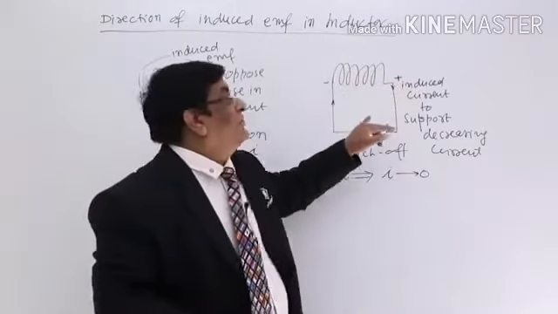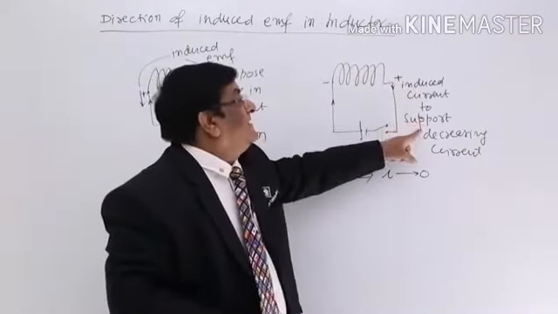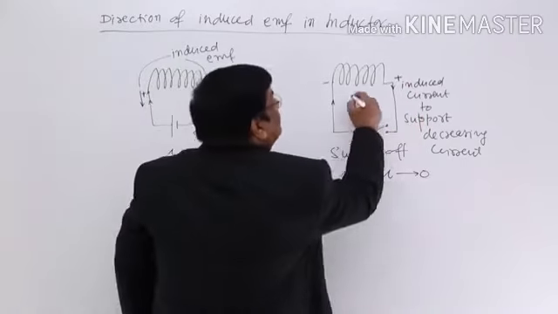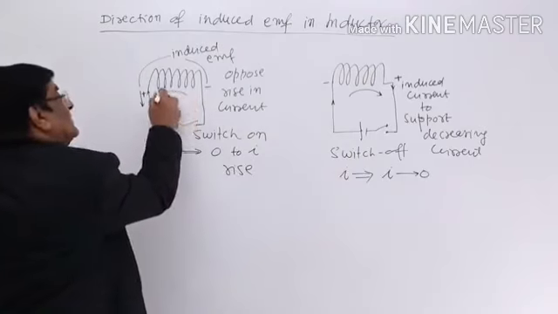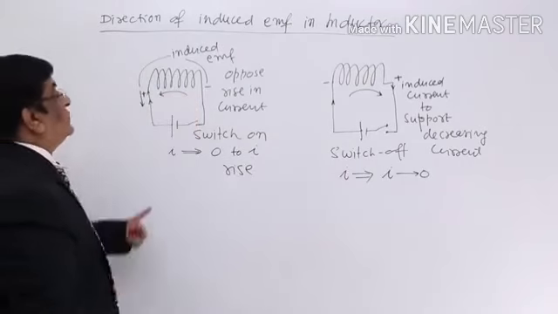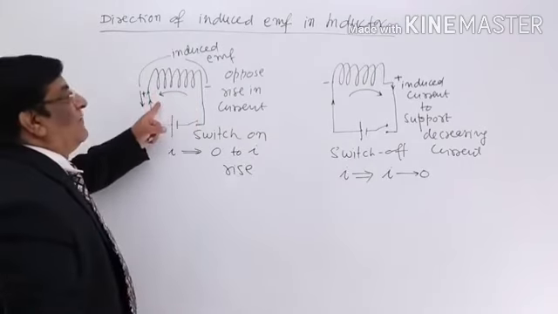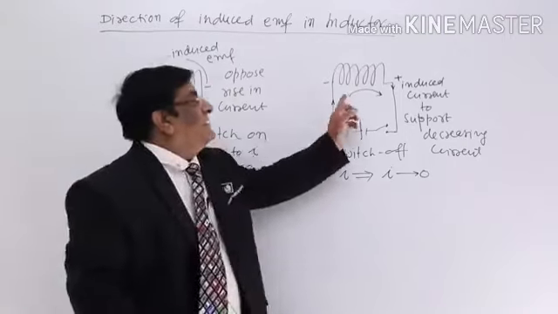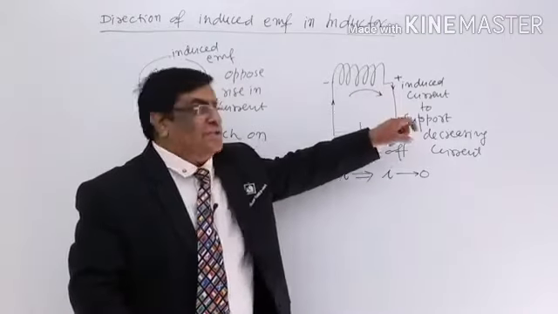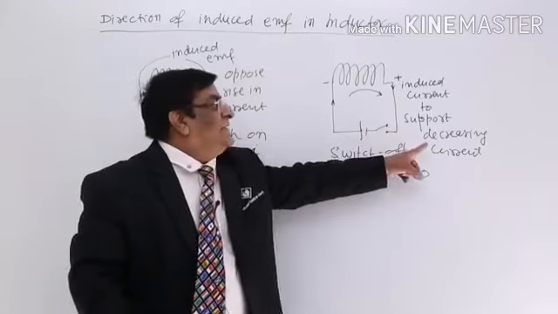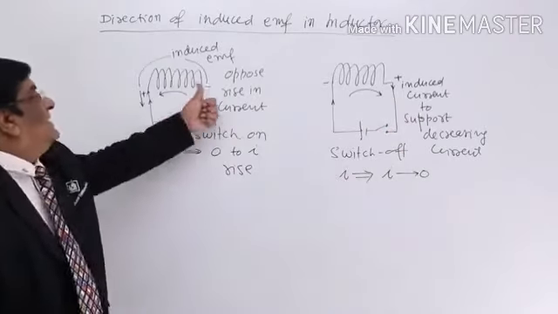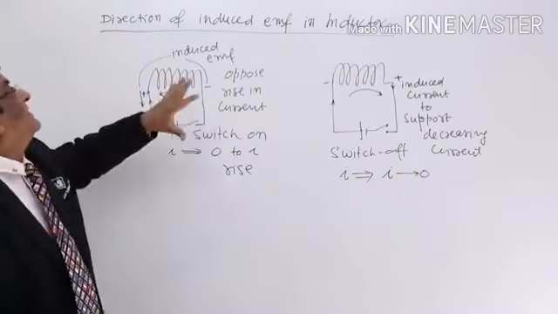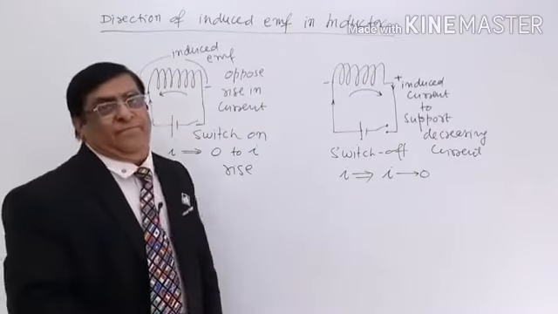It remains at its own level. So, the induced current is in this direction. Here, induced is in the opposite direction. So, this is induced EMF in the opposite direction. This is induced EMF in the same direction, because here current is dying itself, it wants to support. Here current is rising, it wants to oppose. This is the nature of the EMF.